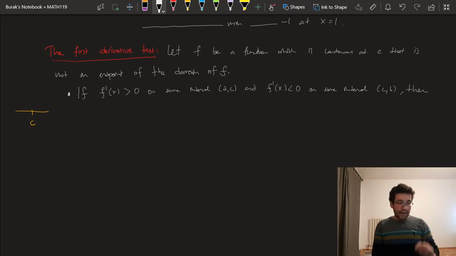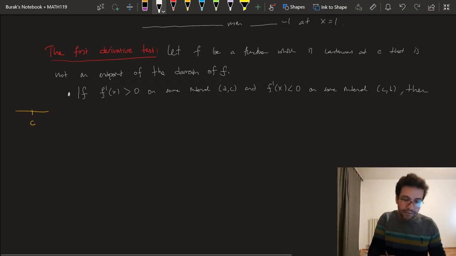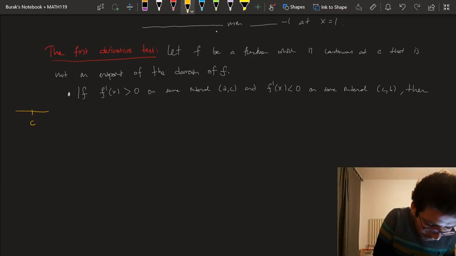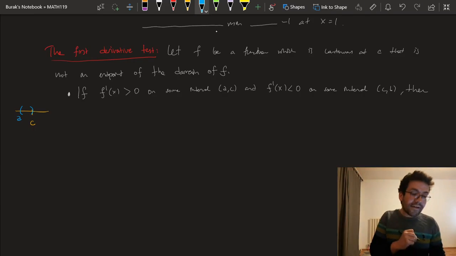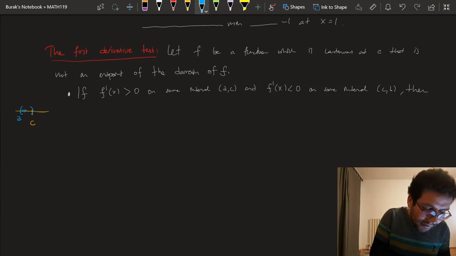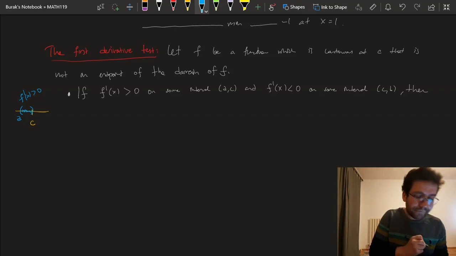That's the setting. Now, pretend that on some open interval like this, (a, c), all right, let me use other colors so it will be a colorful lecture. So pretend that on some interval like this, the derivative is positive.